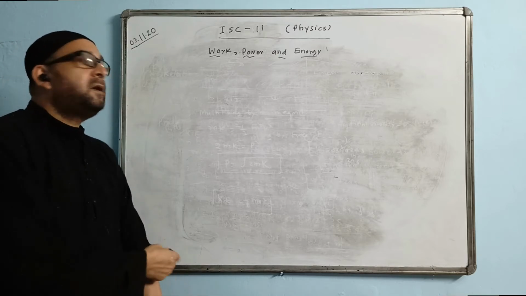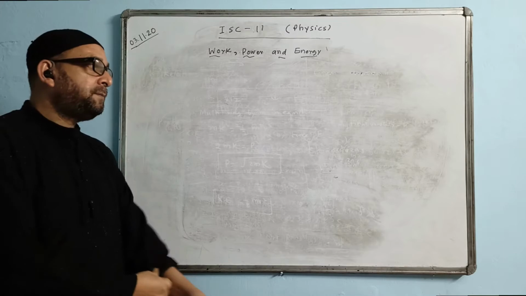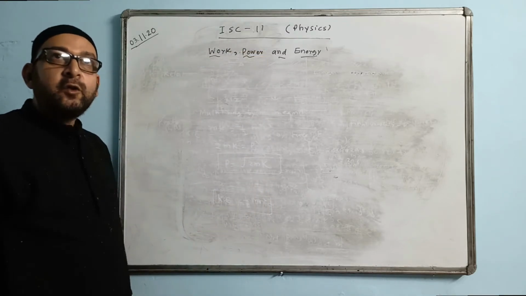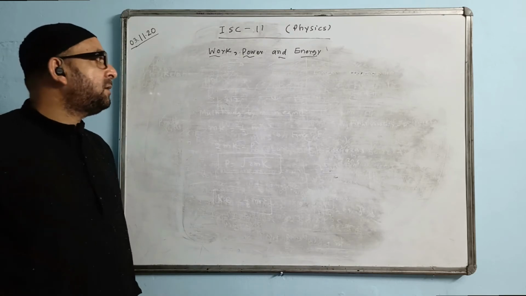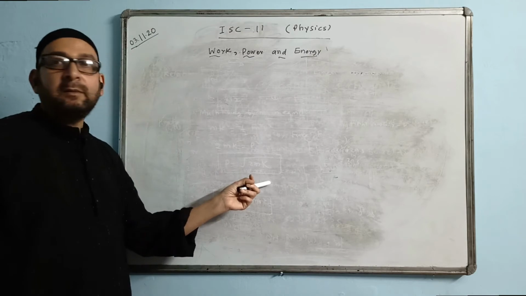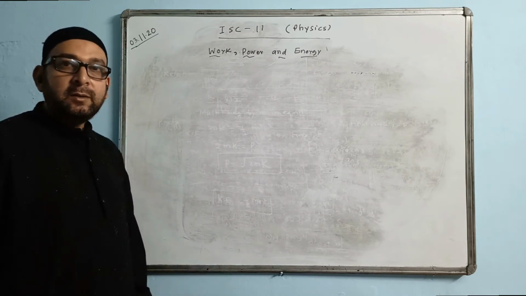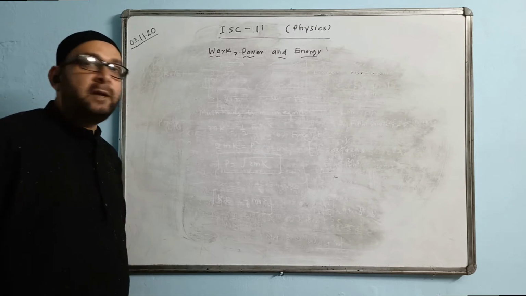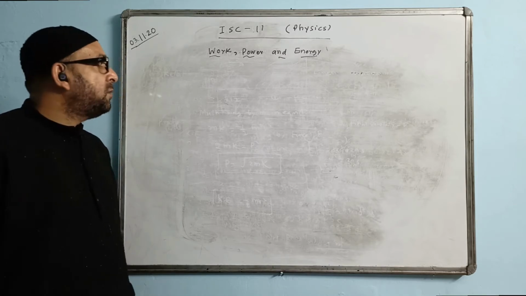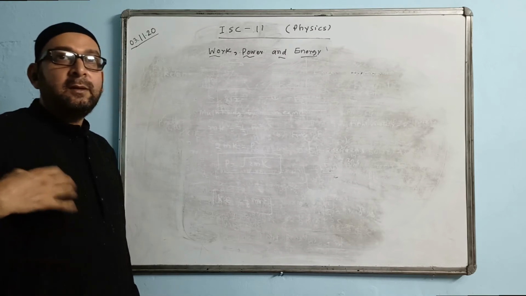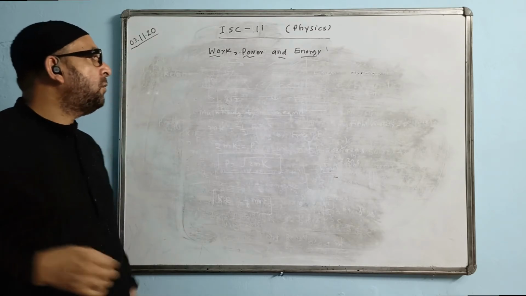In class 10 you did that derivation, where a body is falling down and you show that the energy at all points is constant: at the top, somewhere in between, and at the lowest point, the total energy remains constant. So we are not doing that one now in class 11. Rather, we will do it a little differently.